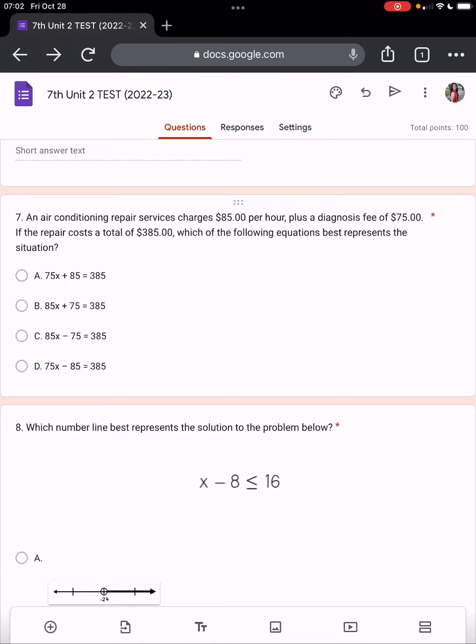Number 7. An air conditioning repair services charges $85 per hour, plus a diagnostic fee of $75. If the repair costs a total of $385, which of the following equations best represents the situation?